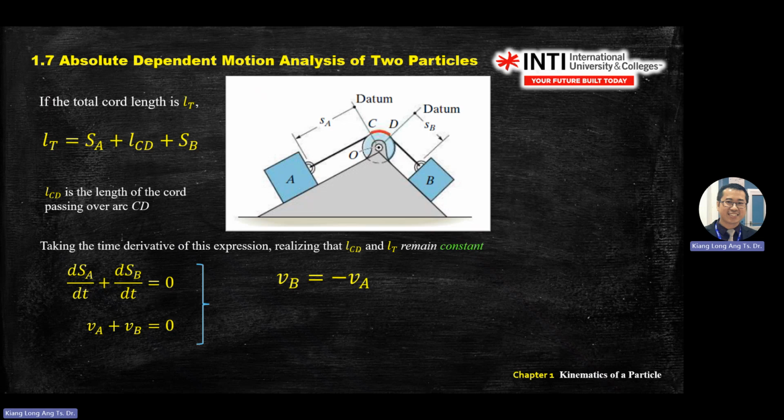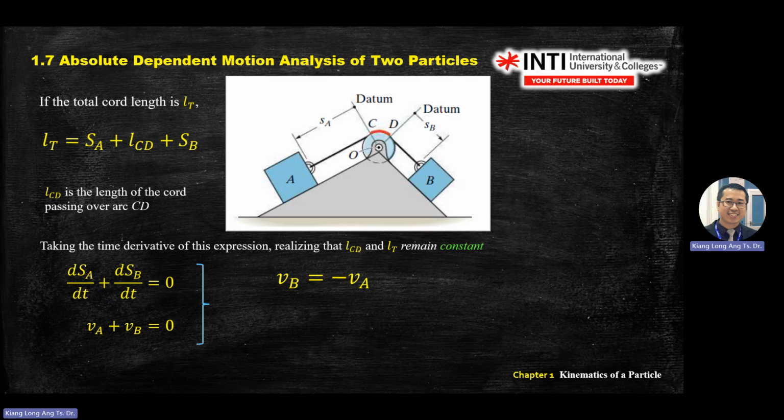You pull A, velocity goes up, so it's in the opposite direction of B. Although both go up, one goes down, one goes up, but why is B or A negative? Because SB is positive in this direction. That's why your velocity will be opposite between the two bodies, because of the datum direction.